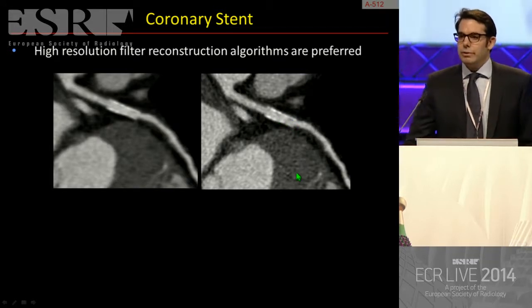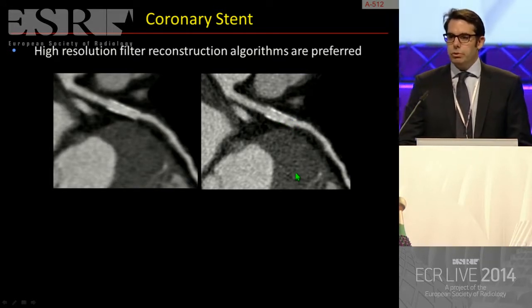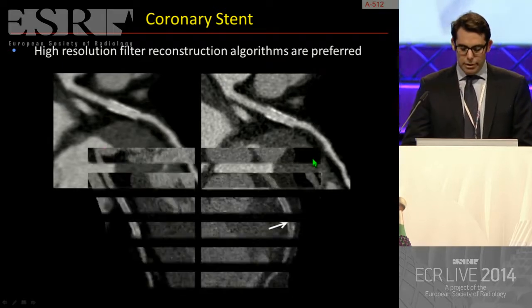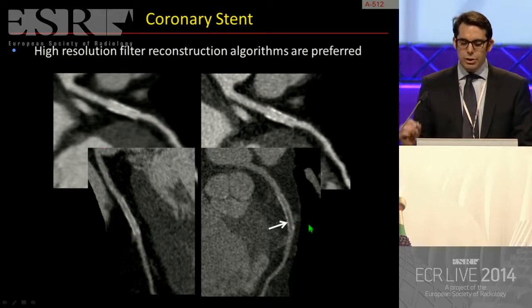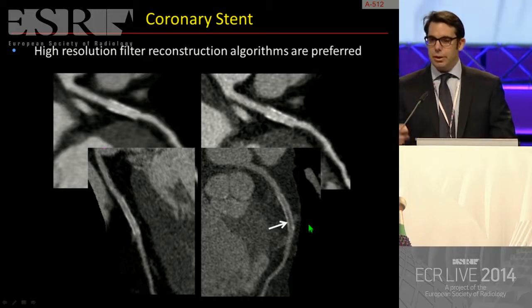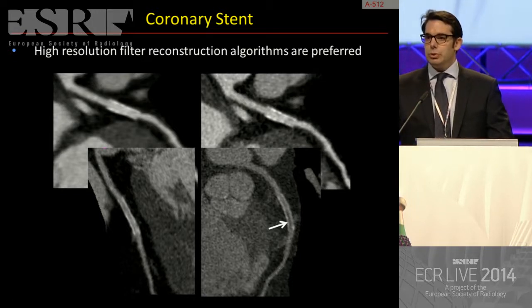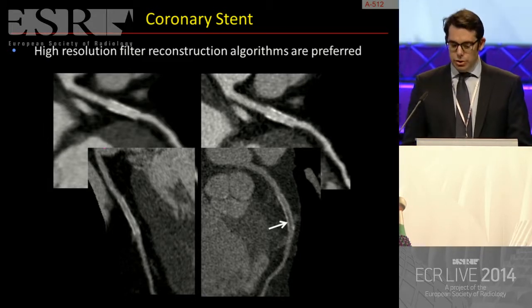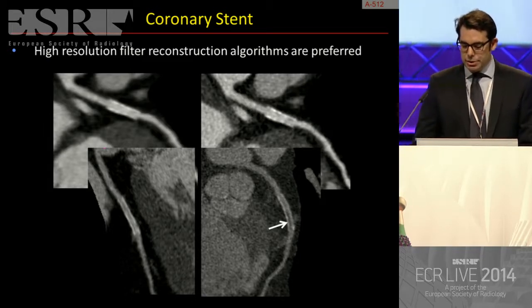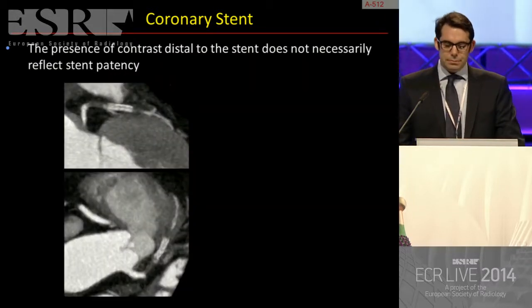So always ask for a specific reconstruction when you want to assess stents. Here you have another interesting case where I wasn't able to see anything here, whereas here I nicely see intimal hyperplasia. So always use specific algorithms with a little bit of noise. There's a balance between noise and quality. These algorithms have a little bit more noise than usual, and they are very helpful to assess the lumen.